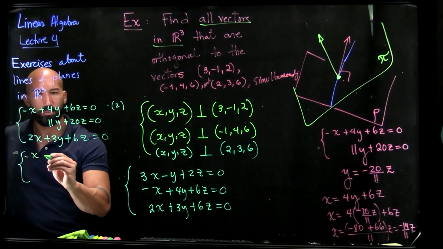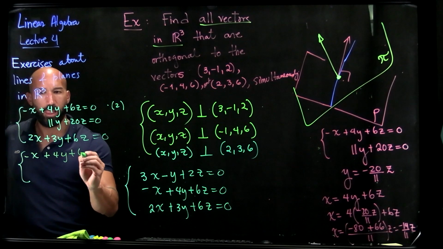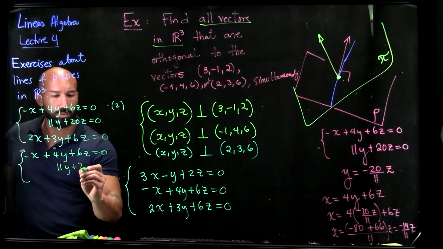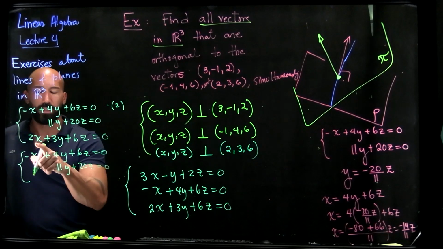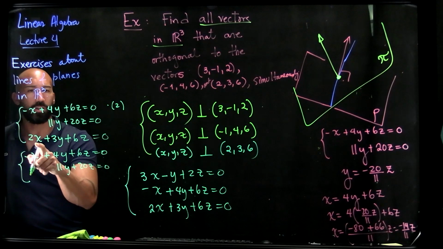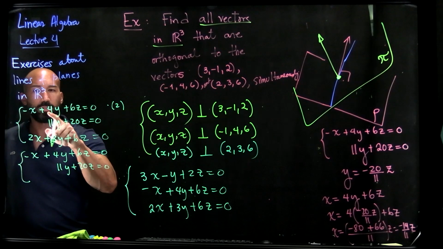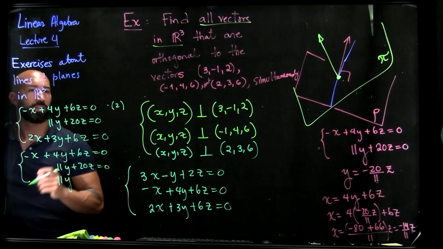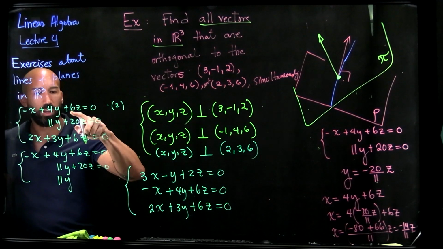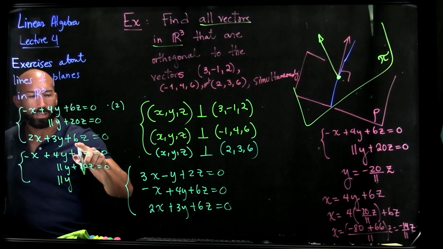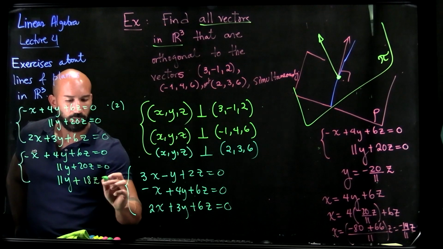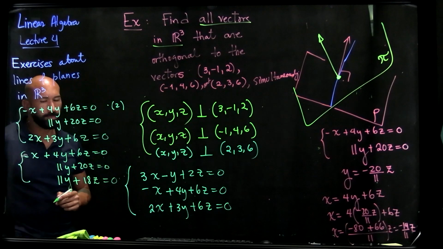So let me keep the first. Let me keep the second. Now I have 0x here. If I multiply by 2, I'm going to get 8 plus 3, or 11y's again. If I multiply by 2, I'm going to get 12 plus 6. It's going to be just 18z equals 0.